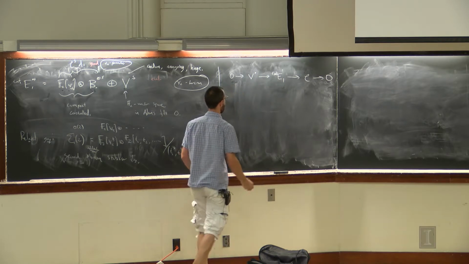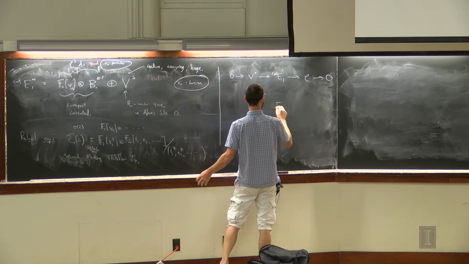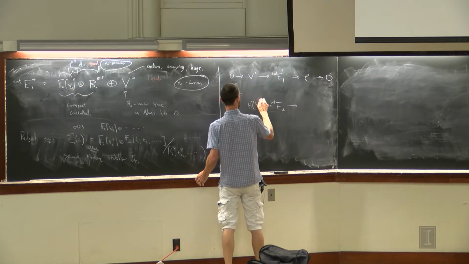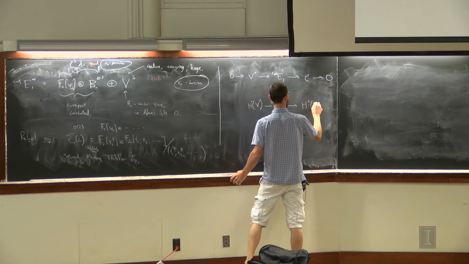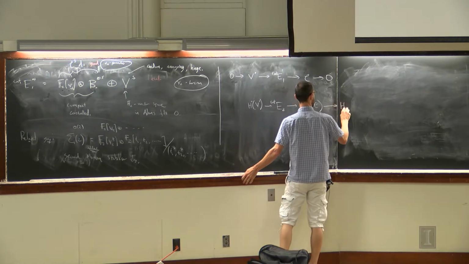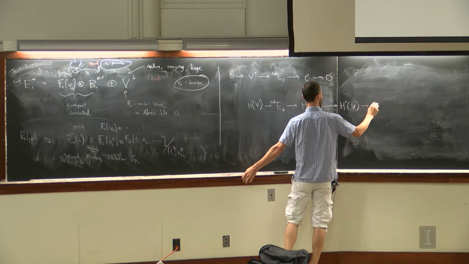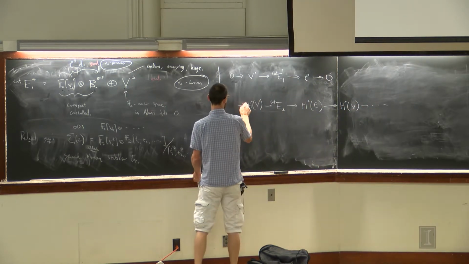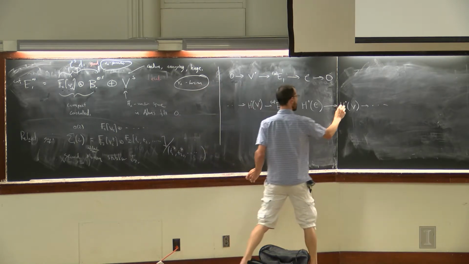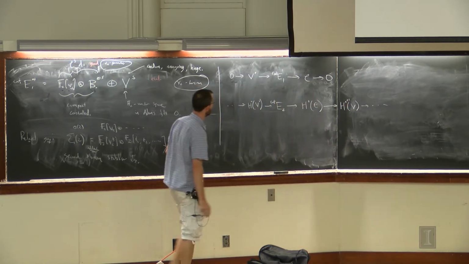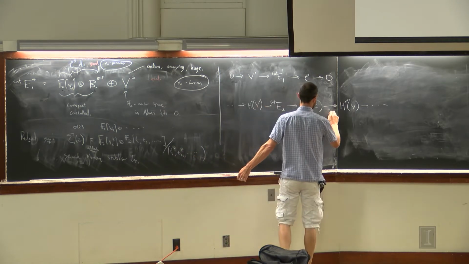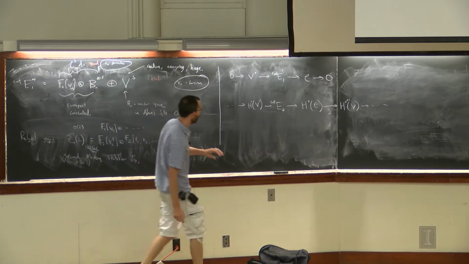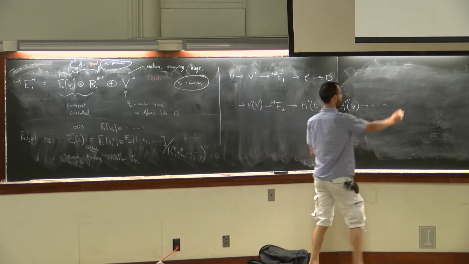And so you get a long exact sequence on E2 terms. Let me call this boundary. All right, so we're going to start by trying to compute this.